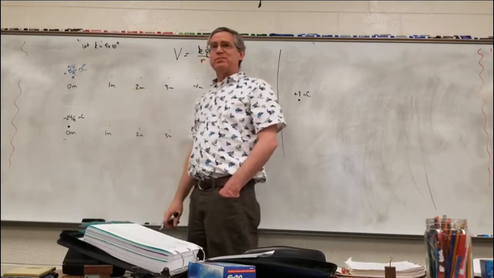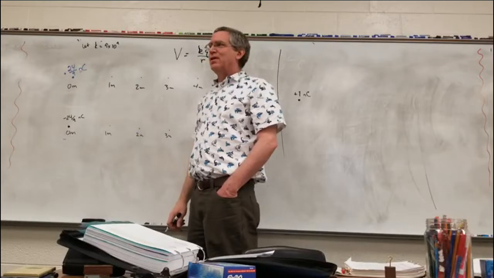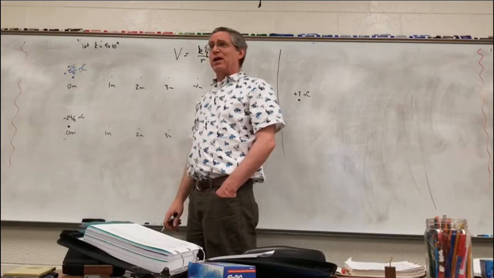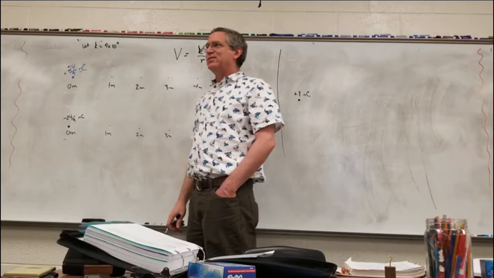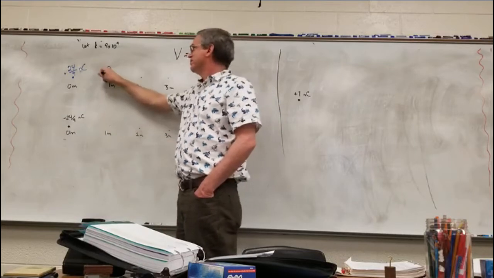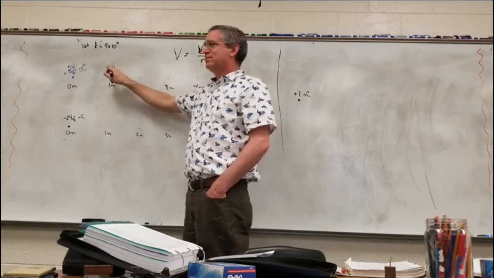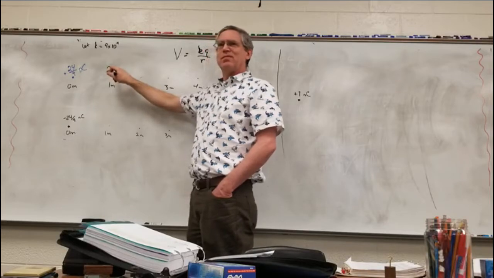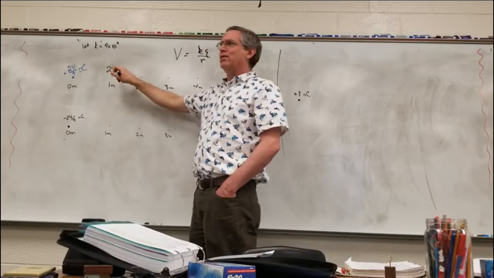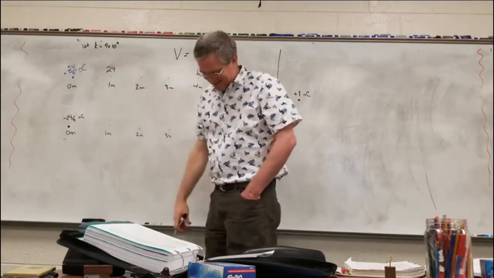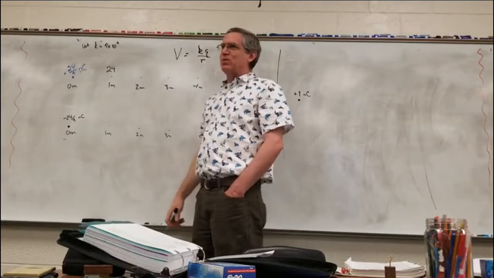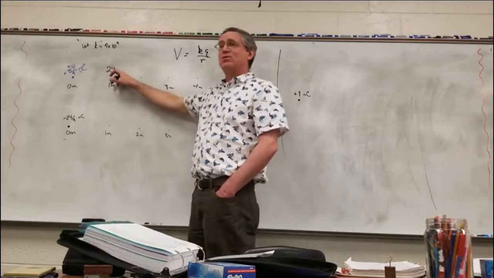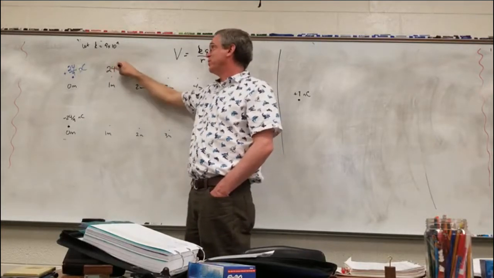Fudge. Nano is 10 to the negative 9th. Oh, fudge. 24. Yeah, 24. 24 what? Newton coulomb. No. I'm just spewing words. Volts. All right. Volts. Oh, okay, 24 volts.